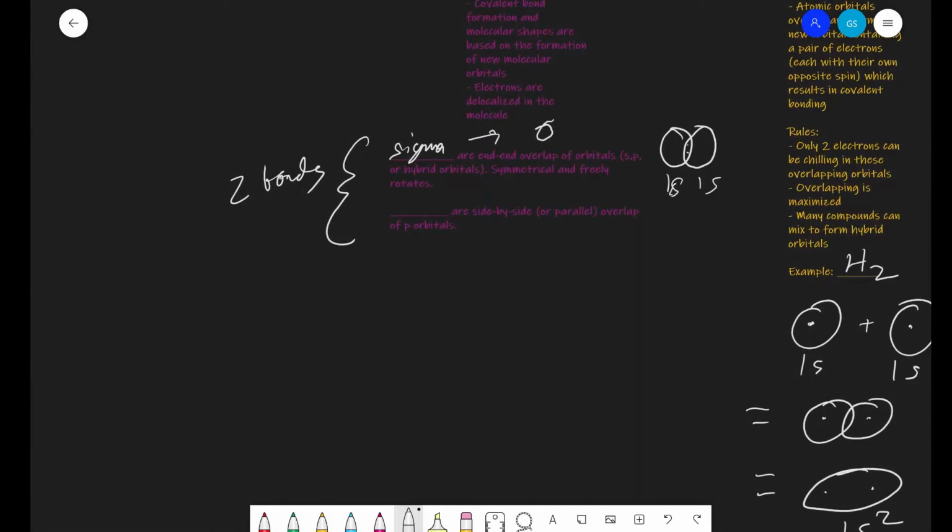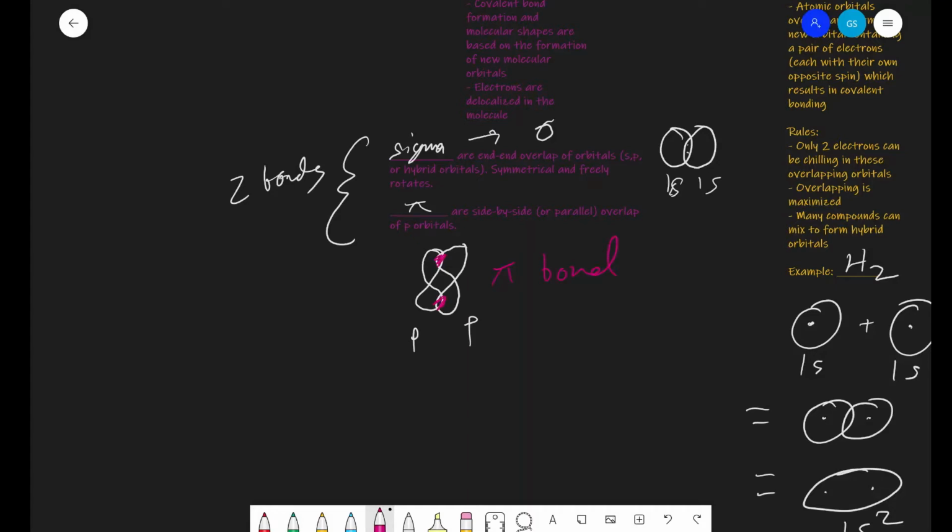The next one we have is pi bonds. Pi bonds are side-by-side parallel overlap of p orbitals. So this is a p orbital, and there's another p orbital, and this side-by-side overlap is what makes it a pi bond.